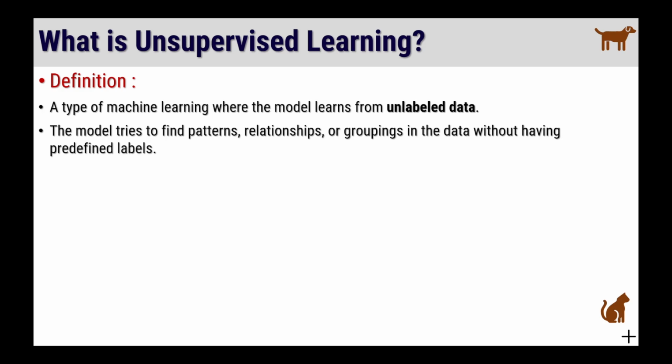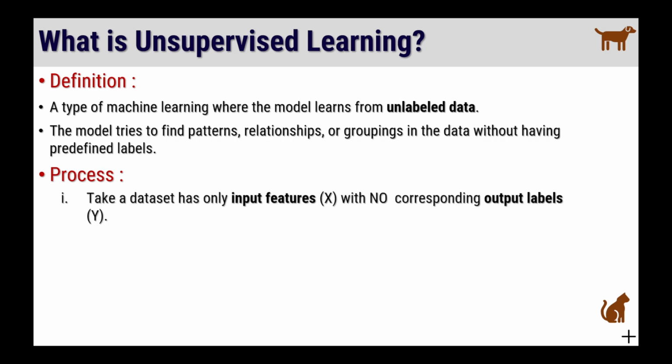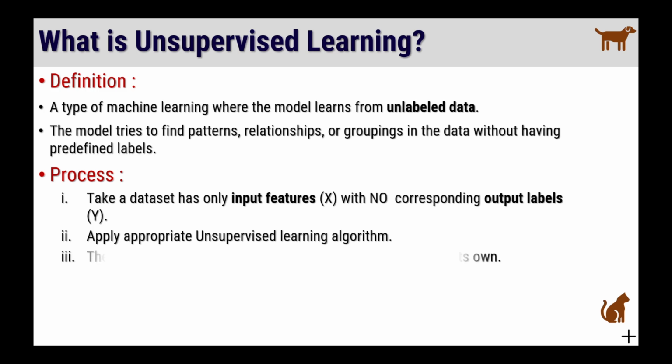Let's understand the process or the algorithm used in unsupervised machine learning. We first take a data set that has only input features with no corresponding output labels. मतलब कि we are just given input features in the data set. And then we apply an appropriate unsupervised machine learning algorithm.